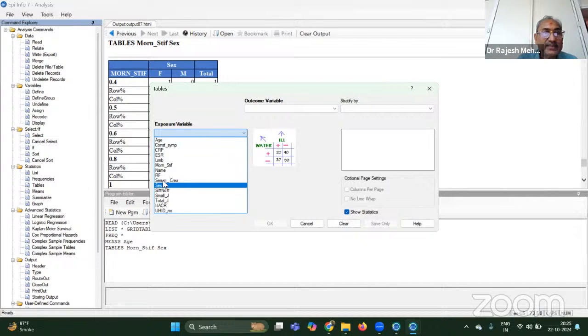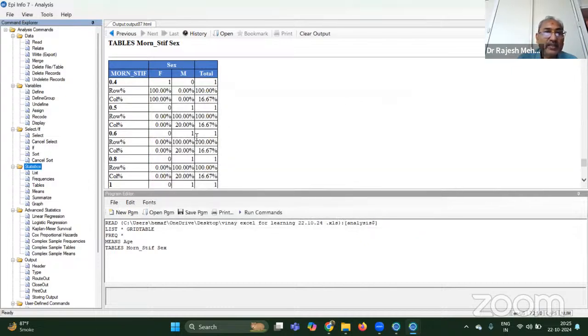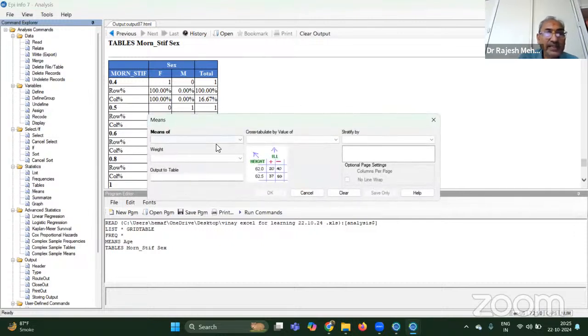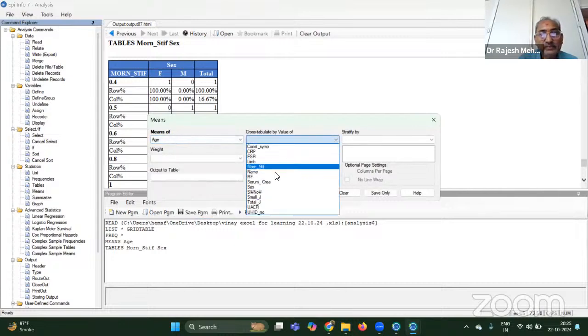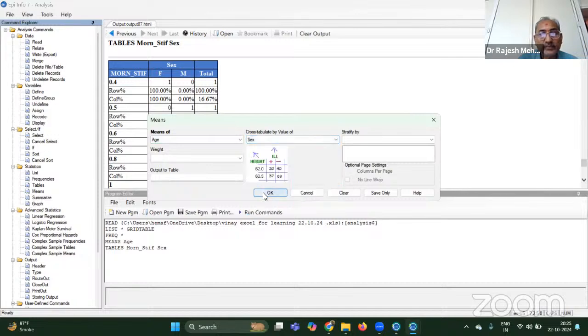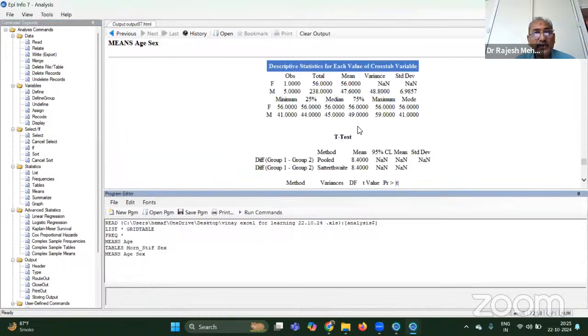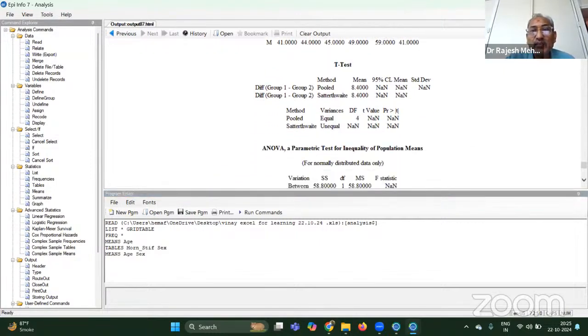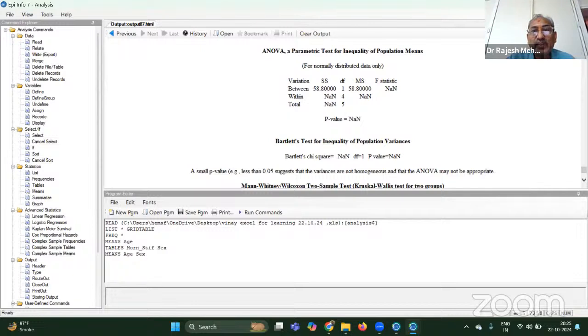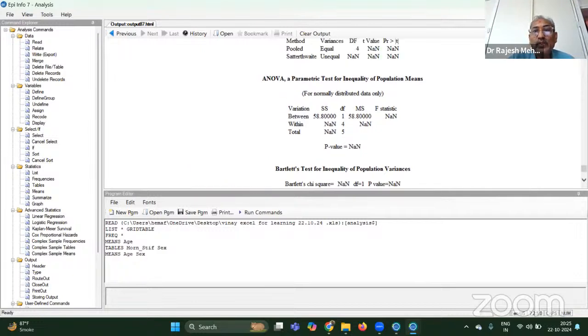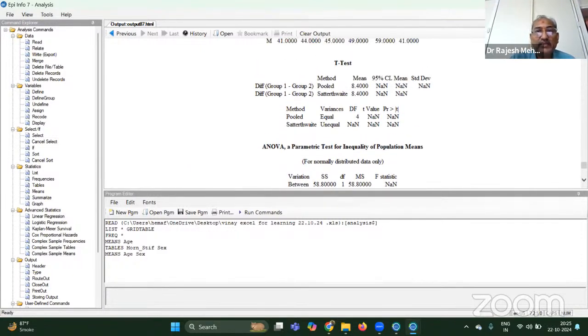So we should be using the means command, only sex is the thing. So means command is only usable, right? Or you can go for regression. So means age versus gender. This is whether the difference is significant or not, that you can find out, because the sample size is so low, it is not giving, right?